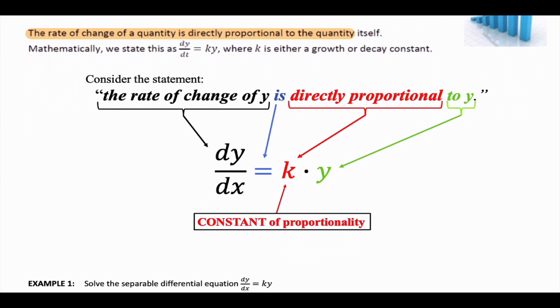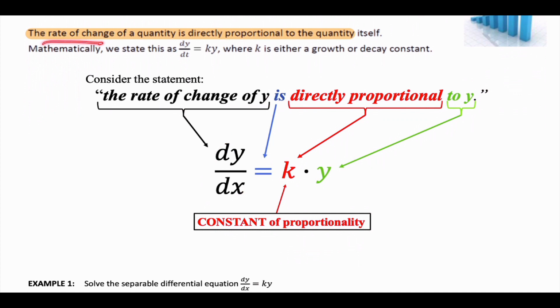There's a value that we're going to talk about today. It's k. It's not a variable. It's what we call a constant of proportionality. It's a value that we have to figure out, but it's not a variable. Okay? And then to y.